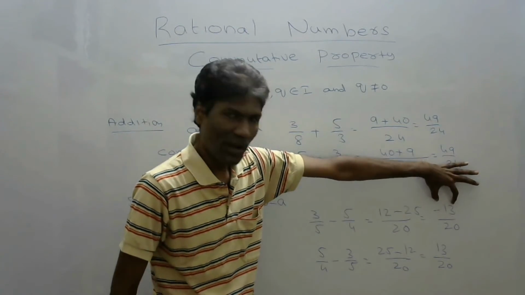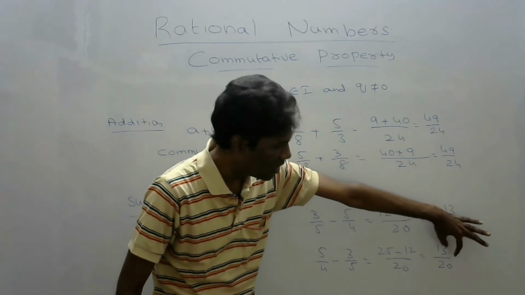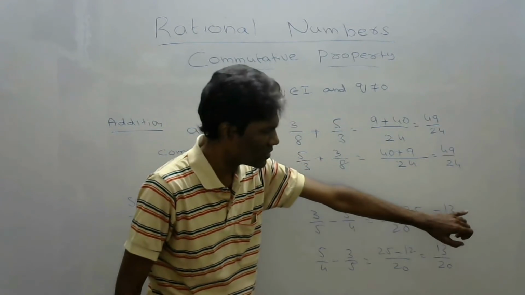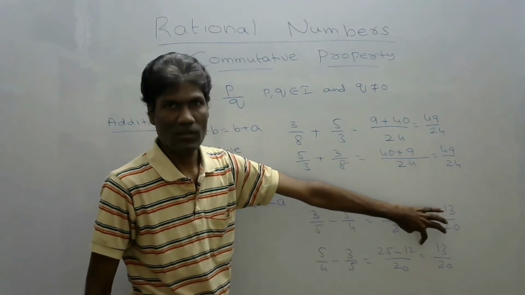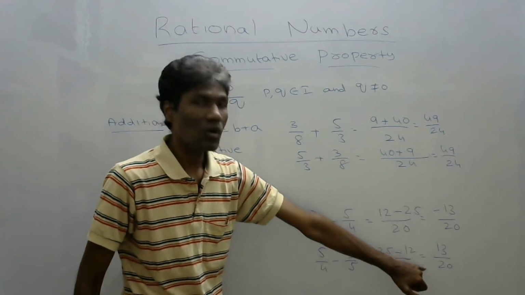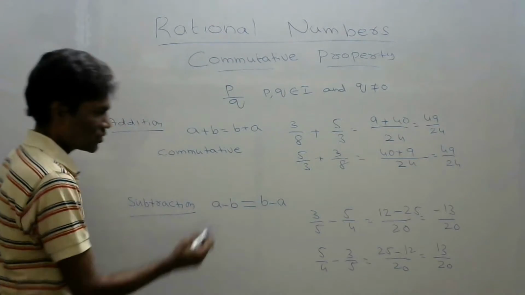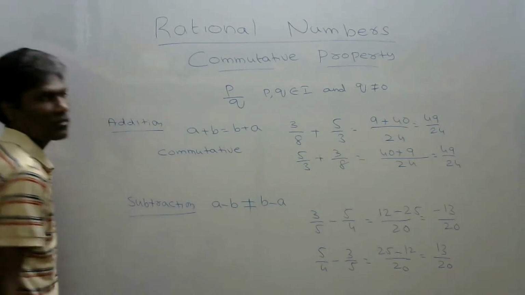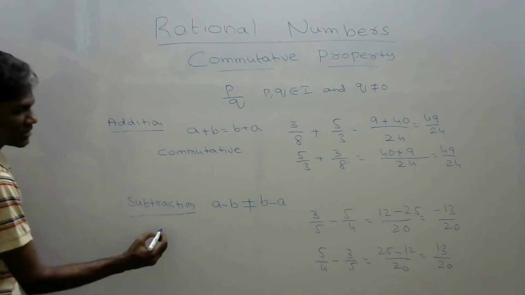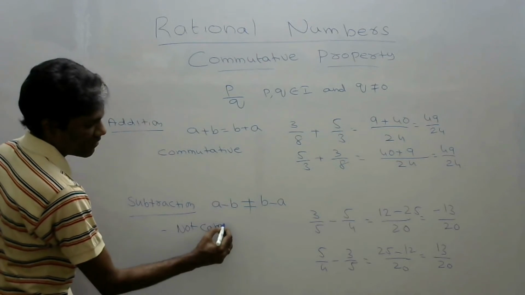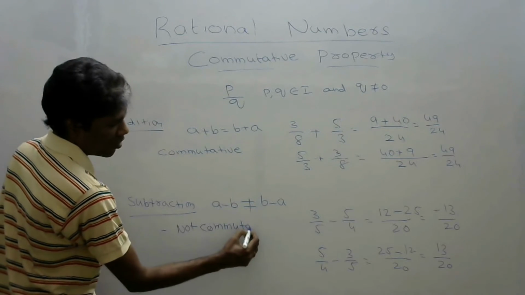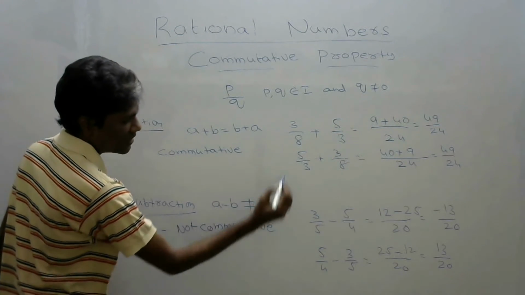Here we got minus 13 by 20, here we got 13 by 20. Of course, the numerical value may be the same, but the sign is different. So, a minus b is not equal to b minus a. So, under subtraction, it is not commutative.